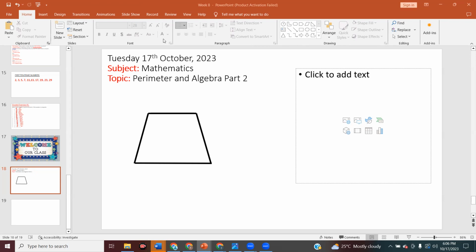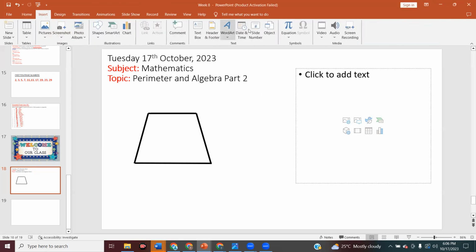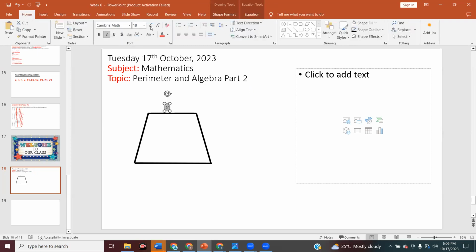And let's say that for this one, let's call this one x. Let me enlarge this. So let's say that this one is x.